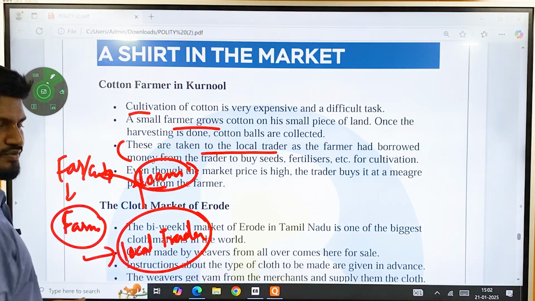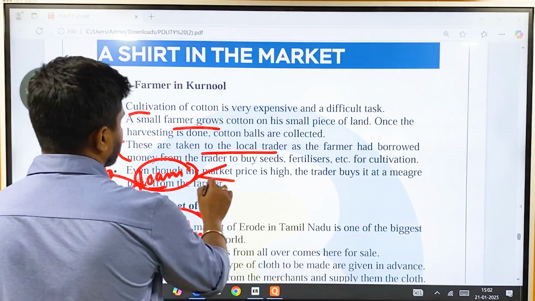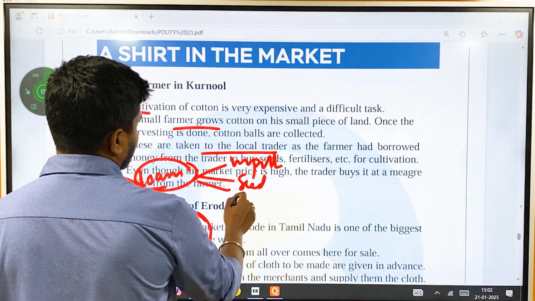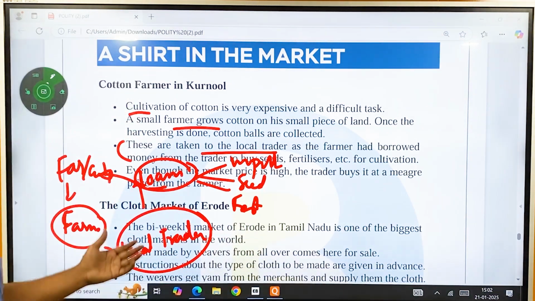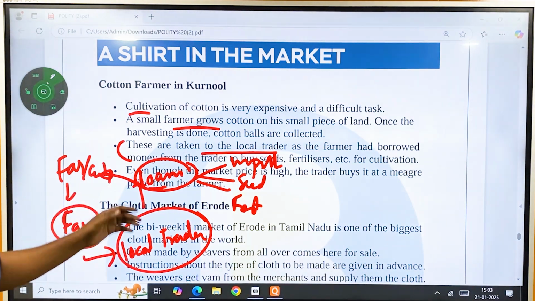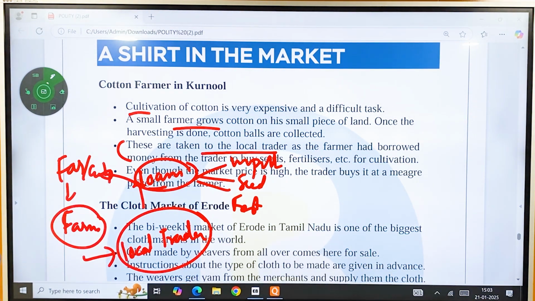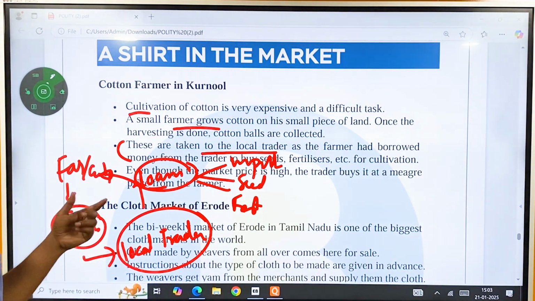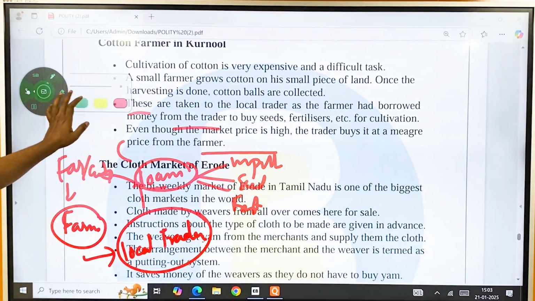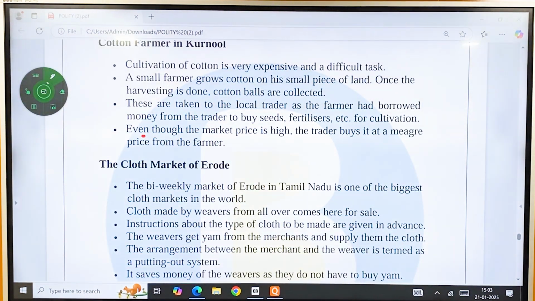Why was the loan required? The loan was required to buy inputs such as seeds, fertilizers, etc. In order to repay the loans, the farmer is made to sell the produce to the local trader himself, who is going to buy it at a cheaper price and then sell it at a higher price. Even though the market price is high, the trader buys it at a meager price from the farmer. That is the example of the cotton farmer in Kurnool.